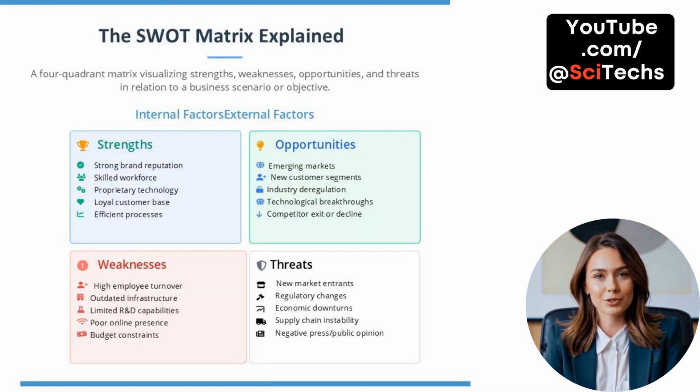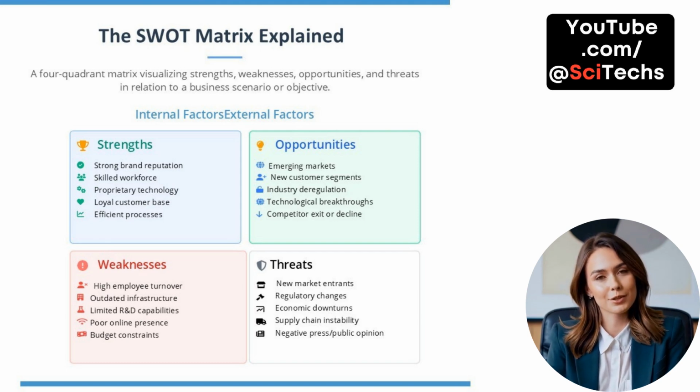The SWOT matrix explained. The SWOT matrix is a 4-quadrant chart that visually organizes strengths, weaknesses, opportunities, and threats in relation to a business scenario, project, or strategic goal. On the vertical axis are internal factors, strengths and weaknesses, and on the horizontal axis are external factors, opportunities and threats.